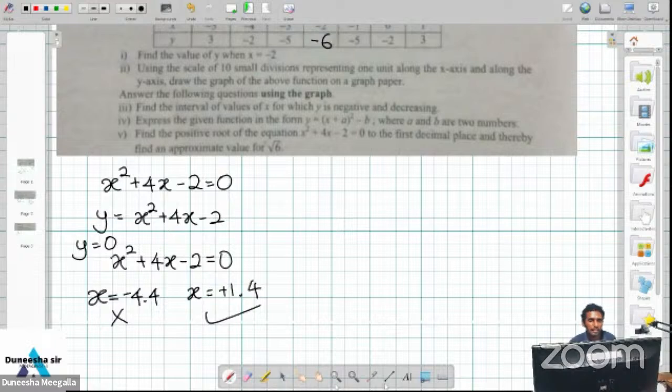හරි. Then asking and thereby find the approximate value for root 6. Can you find it?